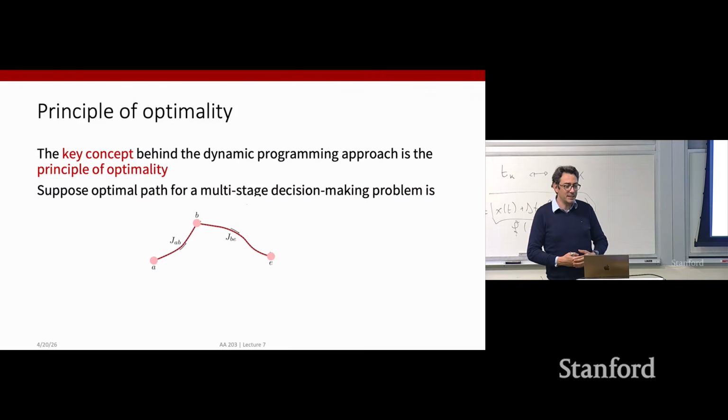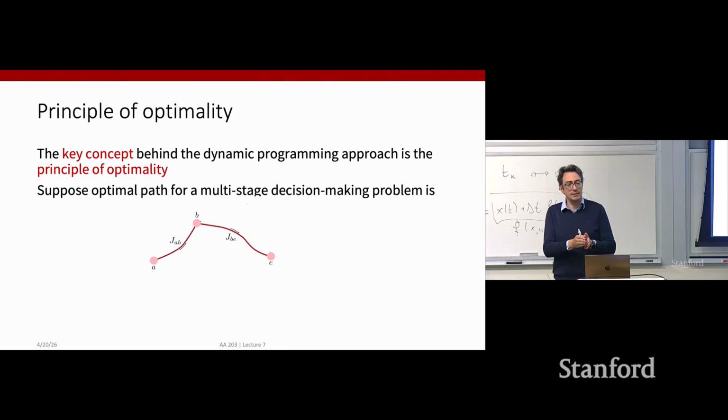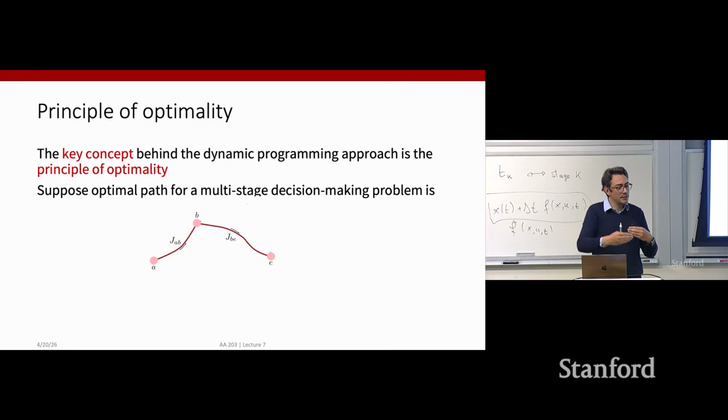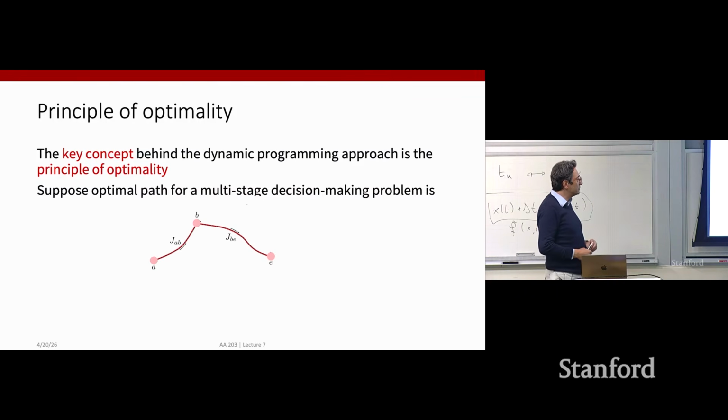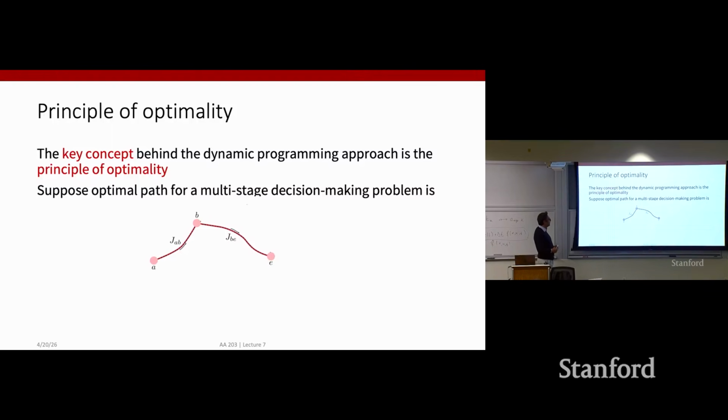So let me state the principle of optimality. It essentially says that if you have a multi-step optimal control problem, so you're optimizing operations over multiple steps, the tails of an optimal policy are optimal for the truncated problem. I'll explain better what I mean. Let me first show a simple statement of the principle of optimality and a proof of it.